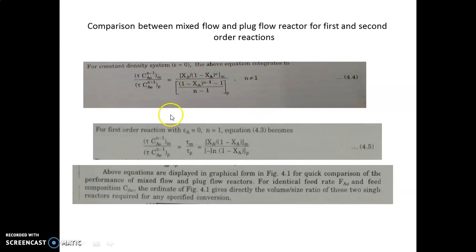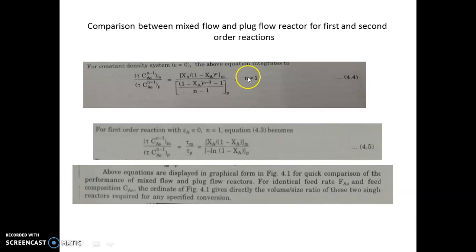Then for first order reaction, that means for epsilon A equal to 0, that means for constant density system, and you put n equal to 1, equation number 4.3 becomes this format. So this represents equation number 4.5. Both these equations represent the constant density system.